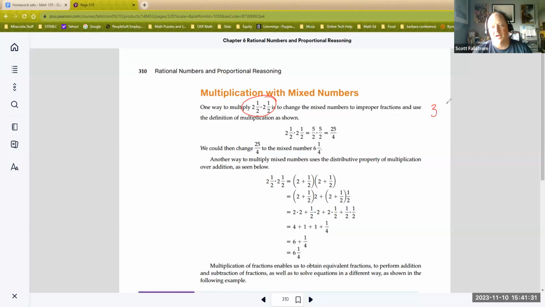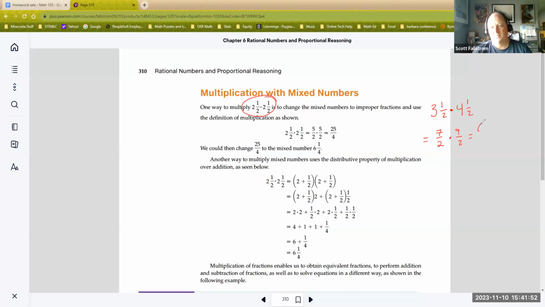Let's say I wanted to multiply 3.5 by 4.5, right? Okay. So if I wanted to do that, if I turn them into improper fractions, I would end up with 7/2 times 9/2.